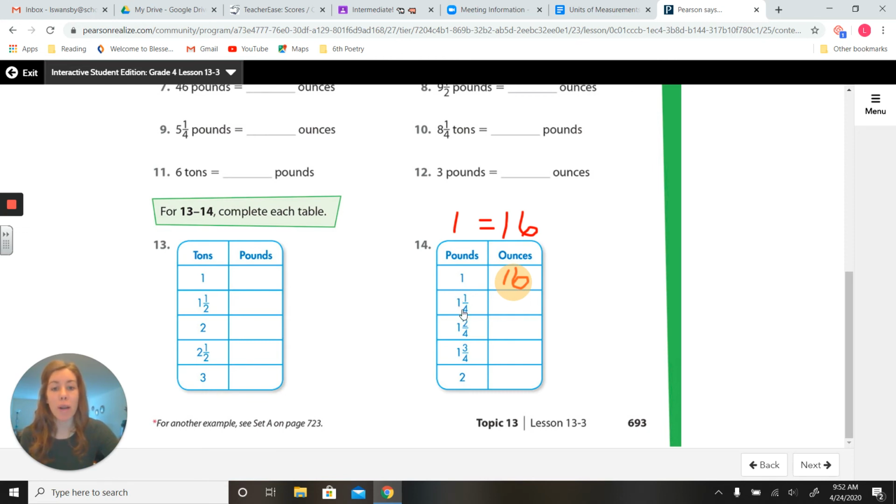So if 1 pound equals 16 ounces, I'm going to add on another 1/4. And you just said 1/4 of 16 is 4. It's 4 plus 4 plus 4 plus 4 equals 16. I want 1/4 of that. It's only one of my 4. So if I did 16 plus 4, I would get 20.